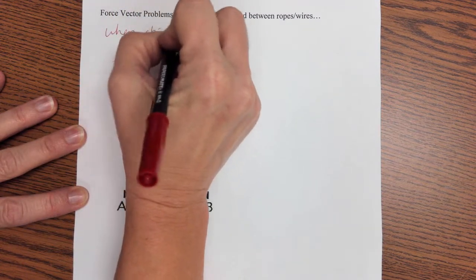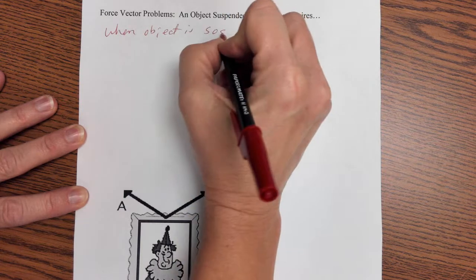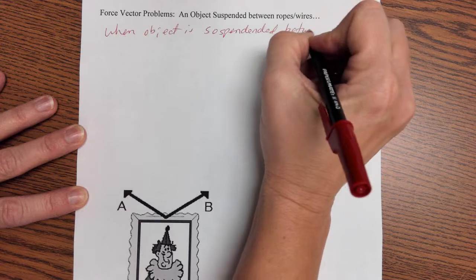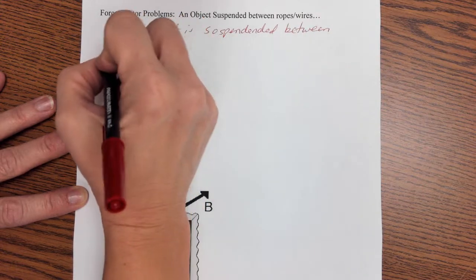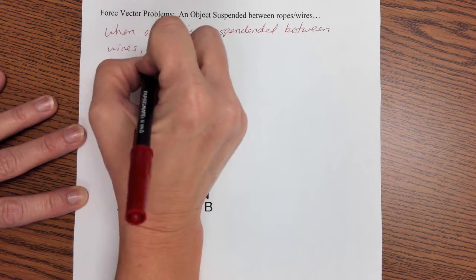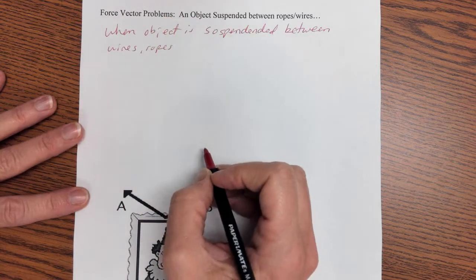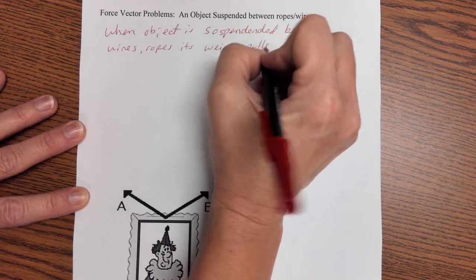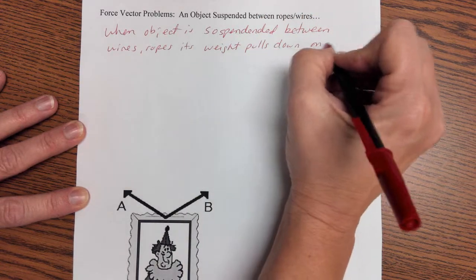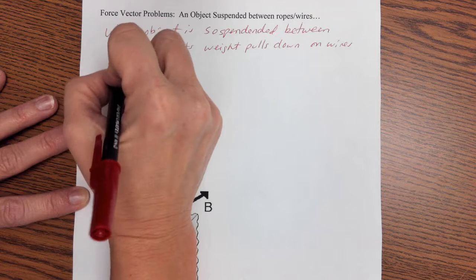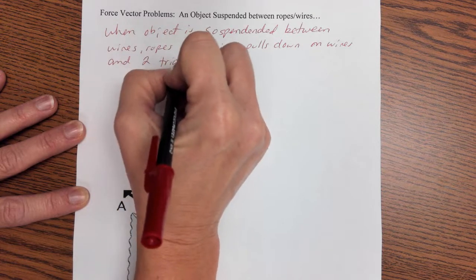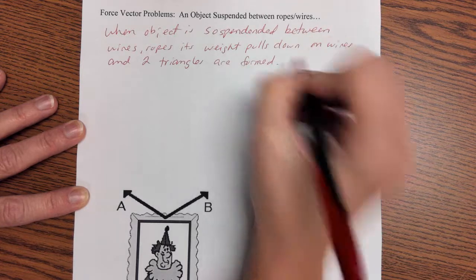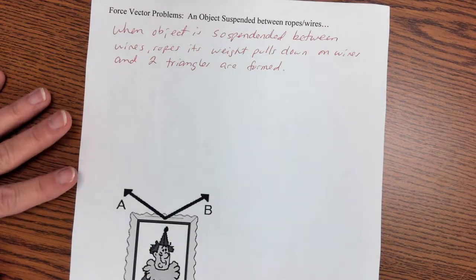So when an object is suspended between wires or ropes or chains or whatever, its weight pulls down on those wires and two triangles are formed. Okay? Two triangles are formed.